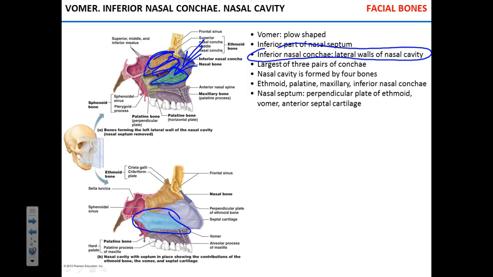Okay. Now, if you look again into the nasal cavity, you will notice that the nasal septum is not complete. What completes the nasal septum? The so-called septal cartilage. If you touch your nose and move it left and right, it's pretty flexible.